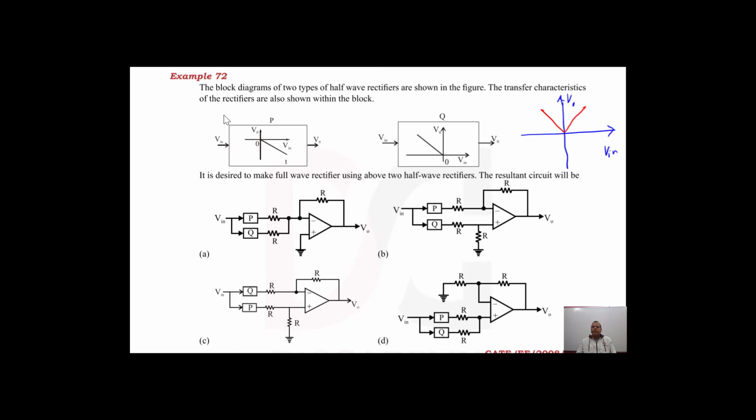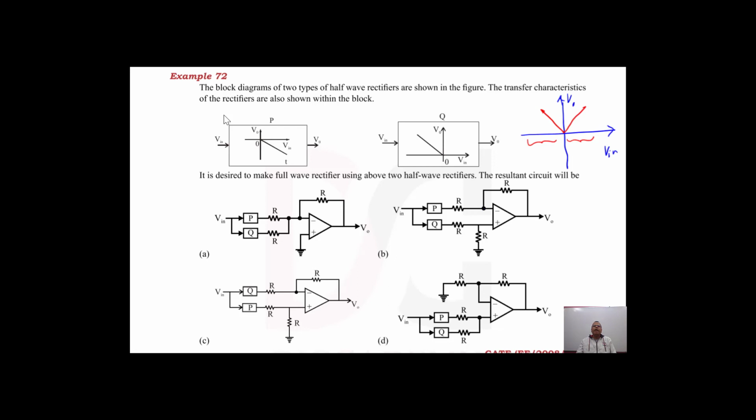You can refer to the video on this; I have just shown you that. So this is one half. For the negative half of the voltage, output is positive, and this is the second half. So for positive voltage, output is positive. This is the characteristic of one half wave rectifier, and this is the characteristic of another half wave rectifier.